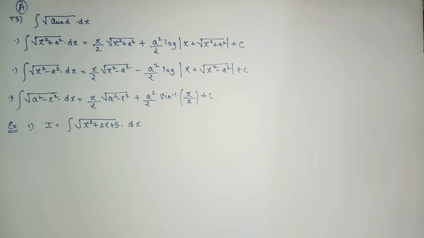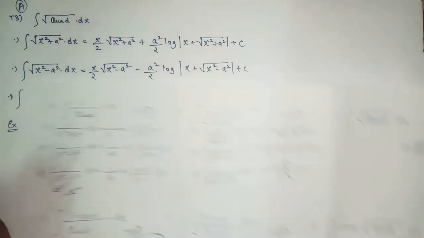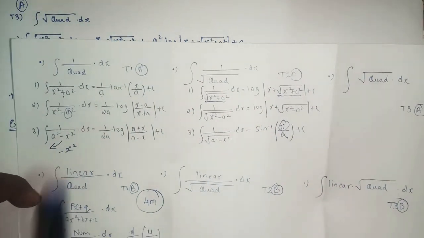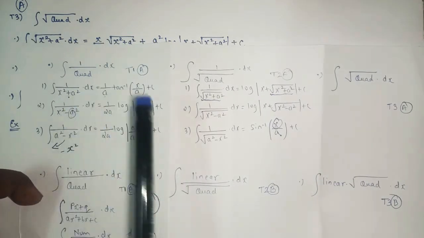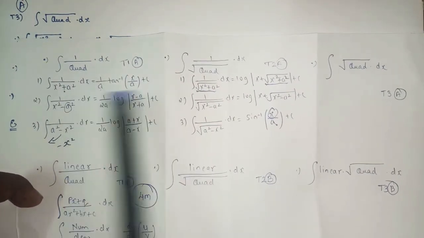As in the last lecture, we had completed type number 6. As I told, type numbers 4, 5 and 6 are the important types from the chapter. We even completed type number 1a, which was in the form of 1 upon quadratic.